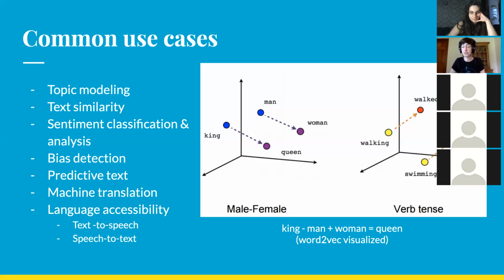Speech to text becomes really important as well. Having some way of translating from video and automatically generating captions, all of that relies heavily on work that has been done within NLP.